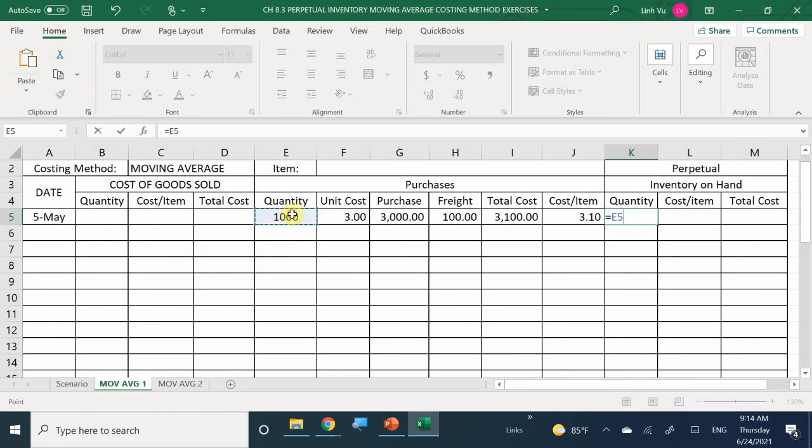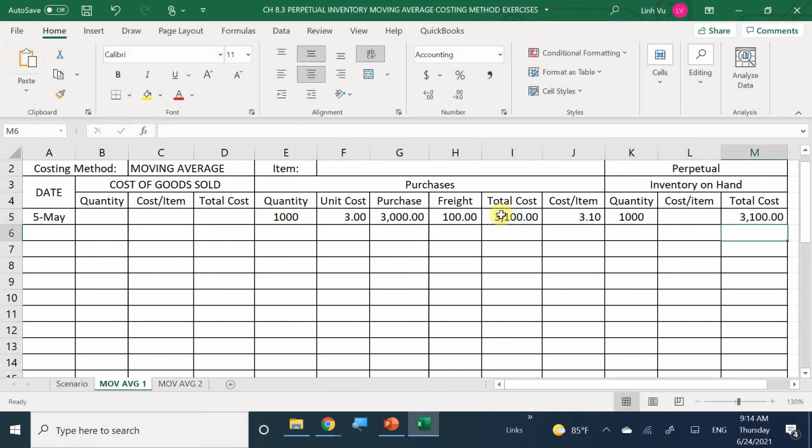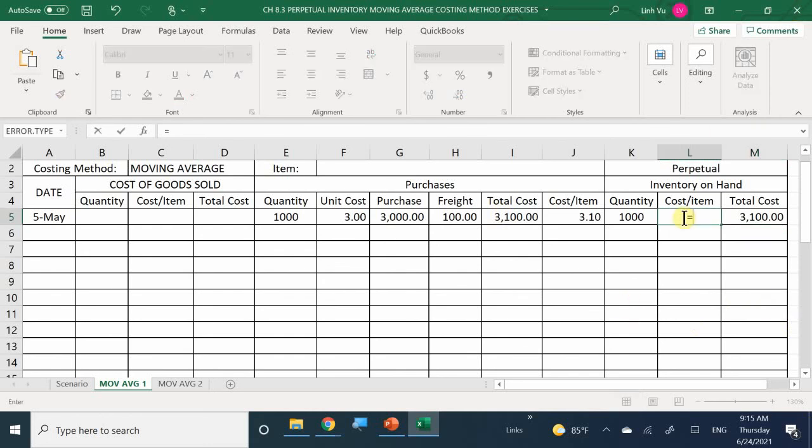Right now, I have 1,000 items costing me a grand total of 3,100. So here is where I'm going to be constantly calculating my information. I am now placing my formula in my cost per item because every time I make a purchase, it's going to recalculate for me.